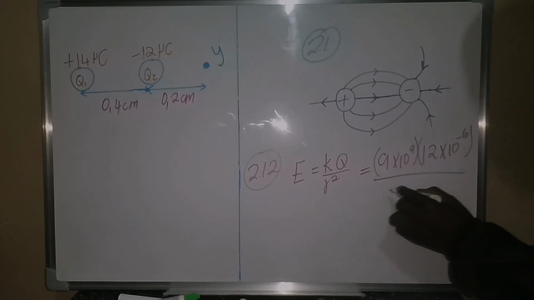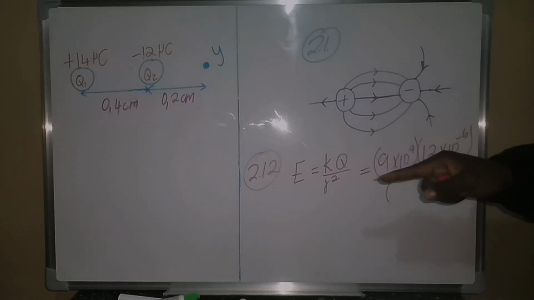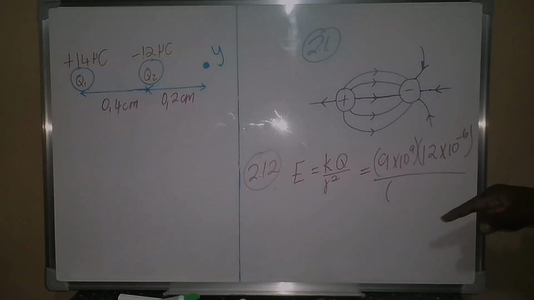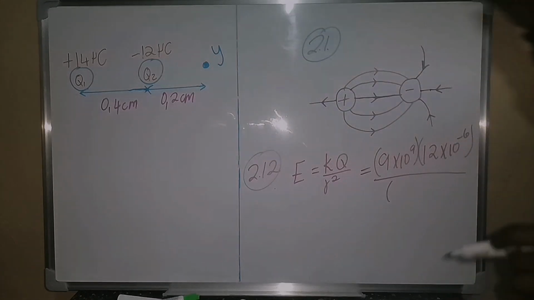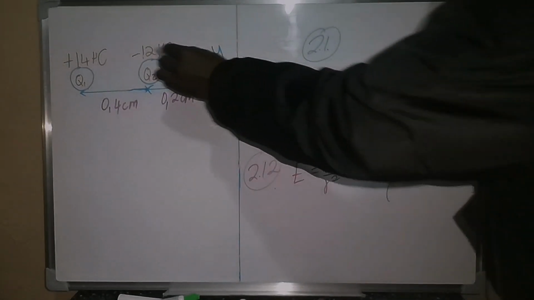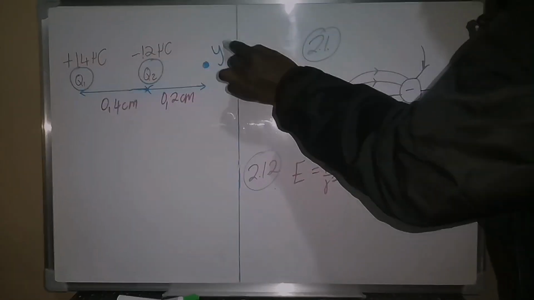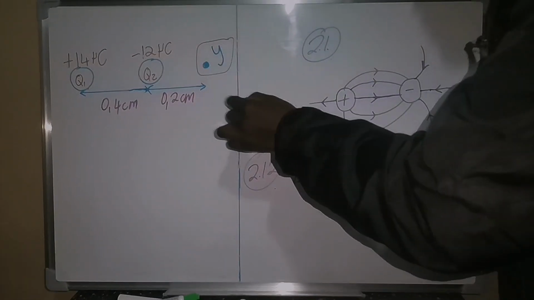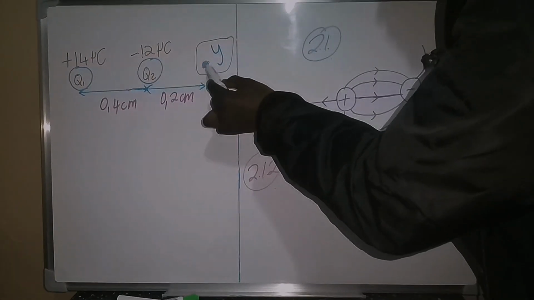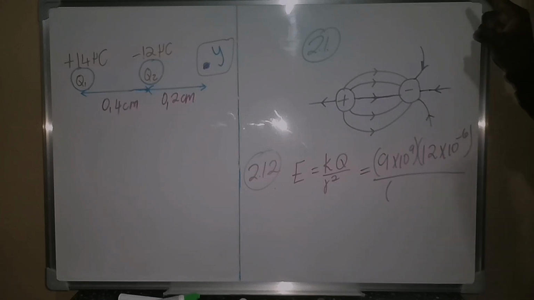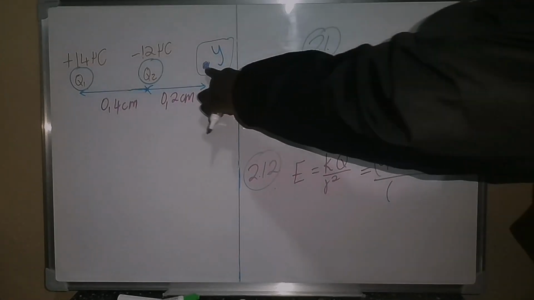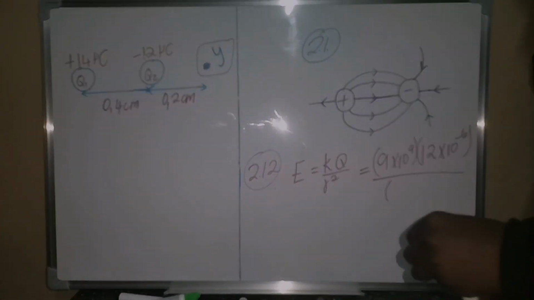Then the distance. The electric field at this point, from Q2, is at distance 0.2 between Q2 and point Y. So the distance between the two points is 0.2.